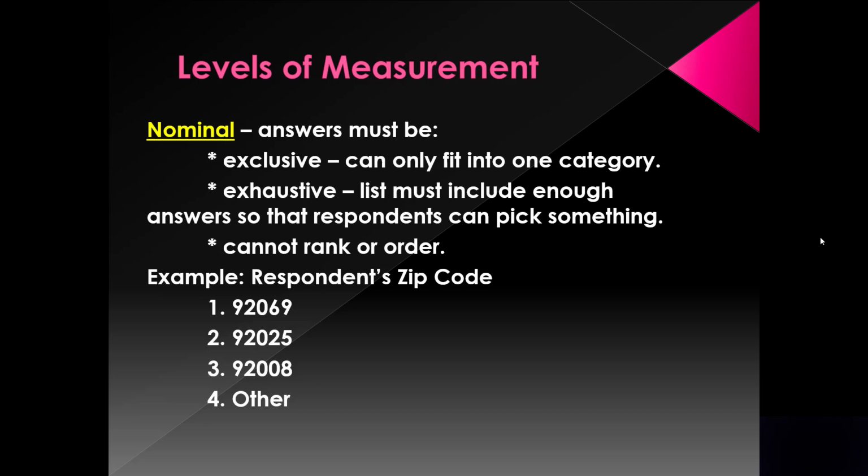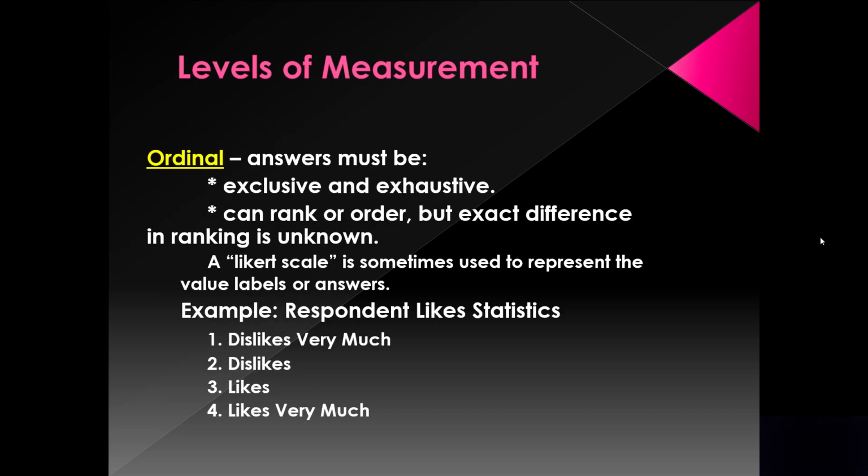And adding the 4th answer of other takes care of the exhaustive characterization. You'll see in a little bit what other does, because you don't want to make an answer list with 55 answers in it. That's obviously overkill.